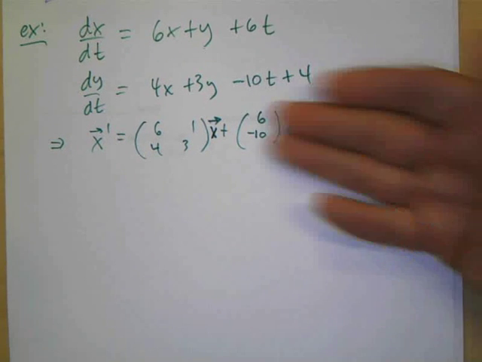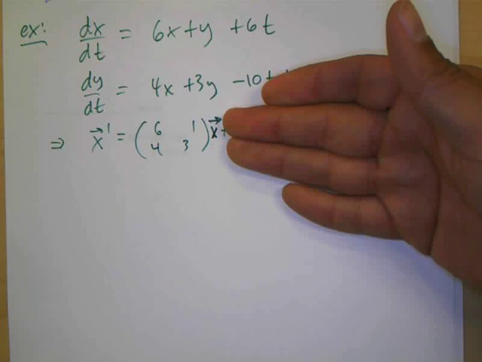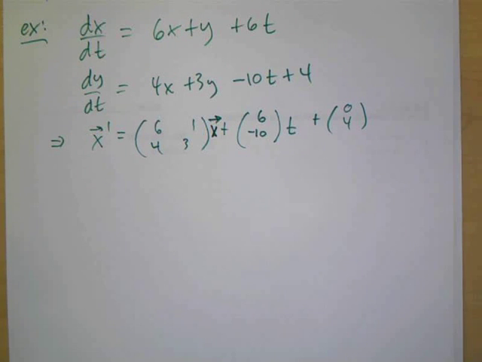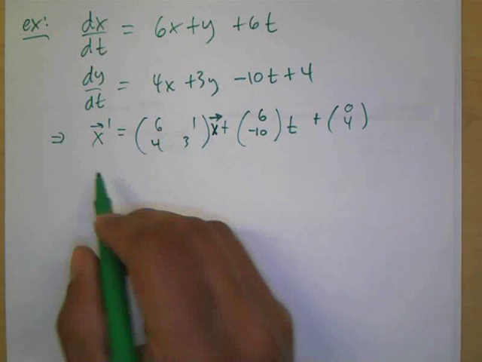So again, ignore this to start and just solve this system. Find the eigenvalues and find the eigenvectors. I'll start working through that. You guys can probably beat me there.